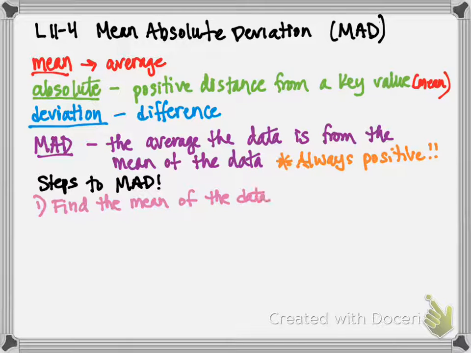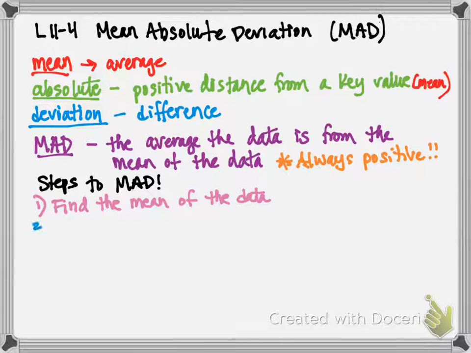So what we're basically trying to do is to compare every number in the data to the mean of the data. And then on average, how far are they away? So two rounds of means, okay?